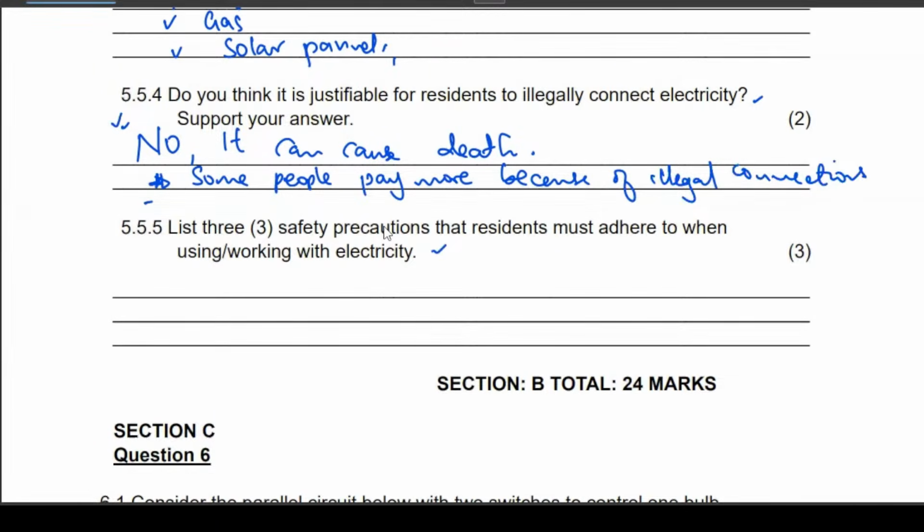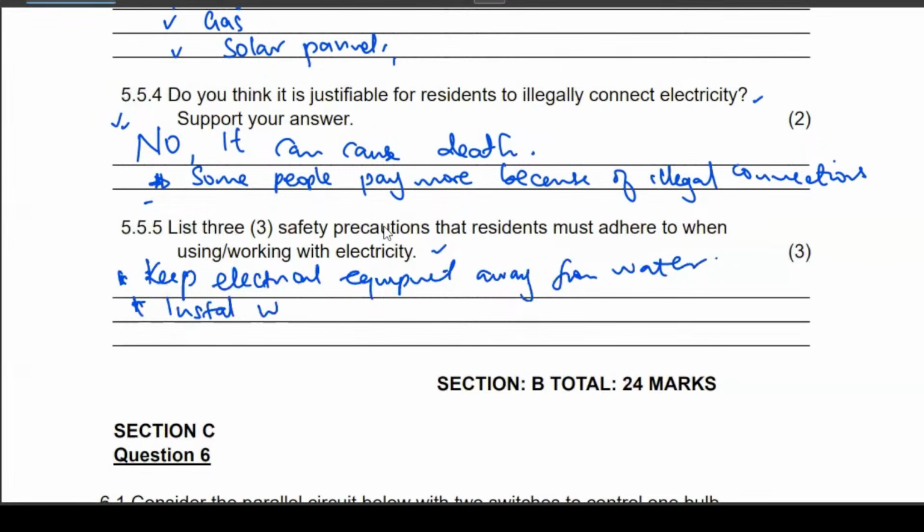5.5.5, three safety precautions that residents must adhere to when using or working with electricity. So what must you bear in mind when you are using electricity? There's quite a lot of things that we need to look at. Number one, we need to keep electrical equipment away from water, because water is the number one killer of these electrical equipment. And then two, you can install warning signs.